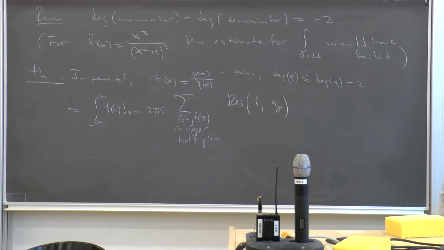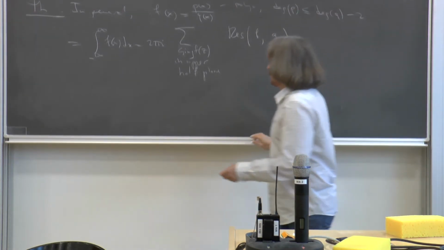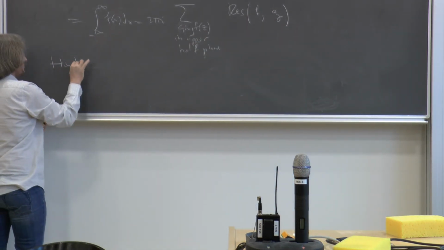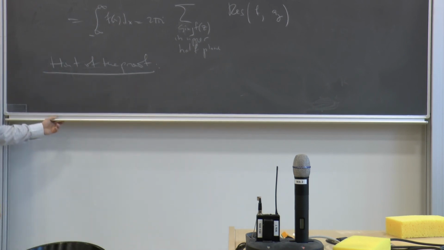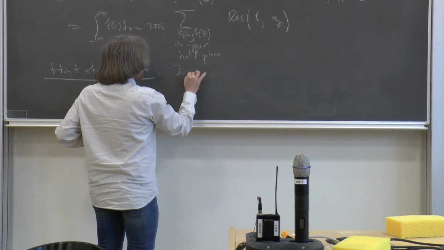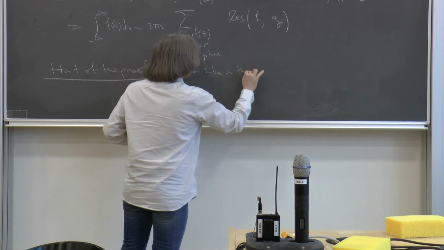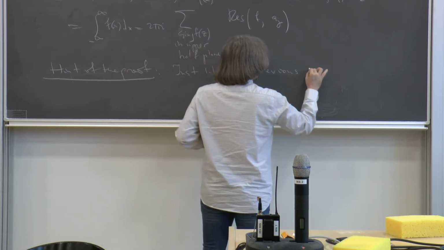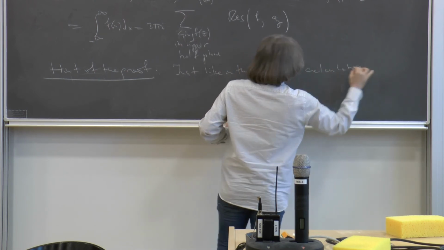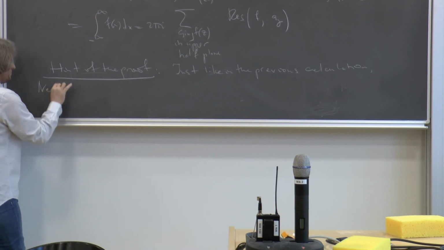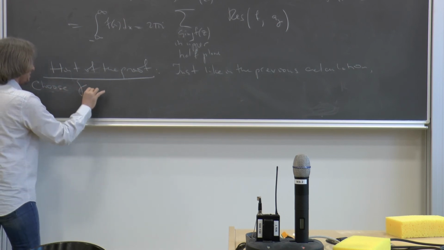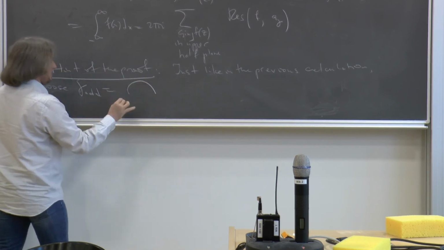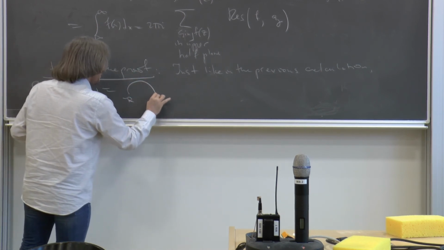And the explanation is, so proof, or maybe a hint of proof. Just like in the previous calculation, we need to estimate, so choose gamma ad to be this half circle, like this.